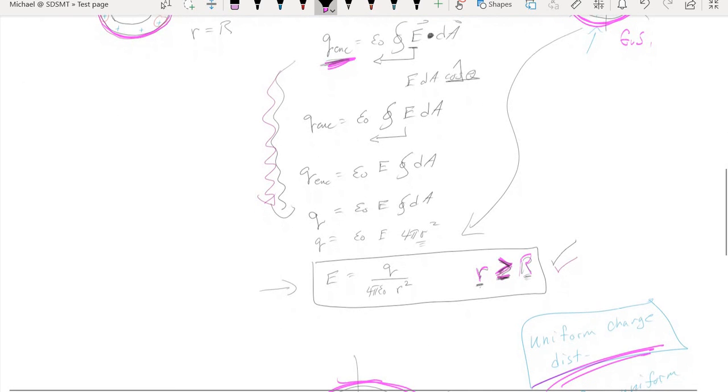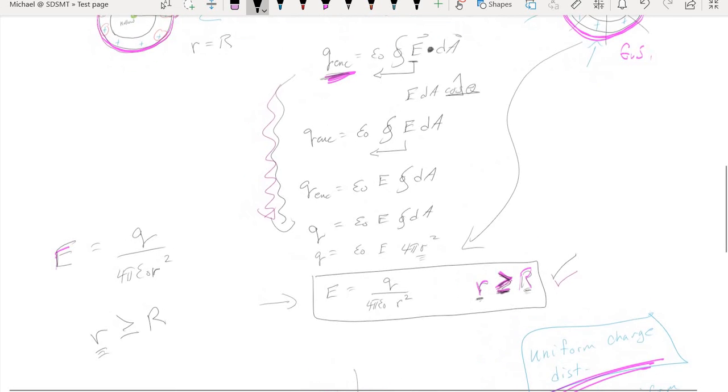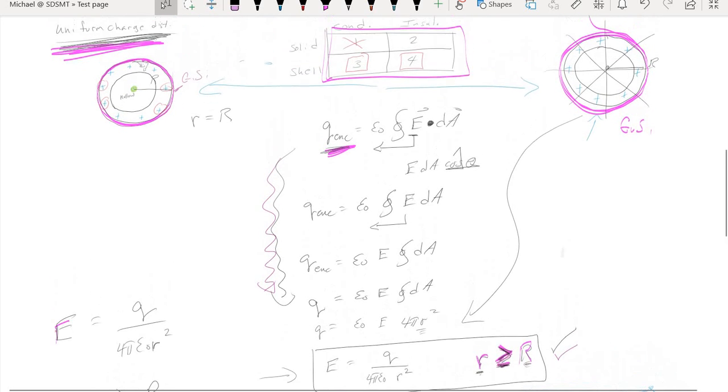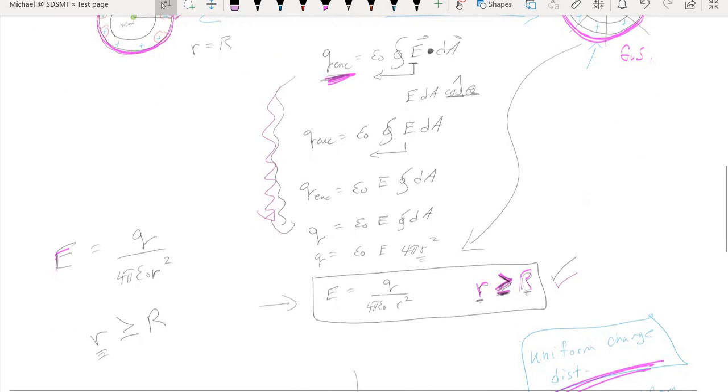And I guess the answer is yes. It doesn't really matter. Every one of these case scenarios is going to have the sphere acting like a point charge, as long as we remain outside of the physical structure of the sphere.